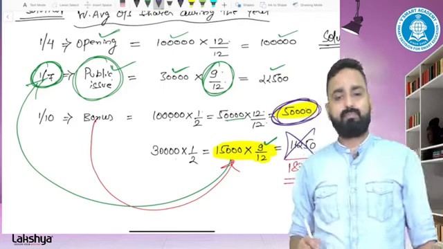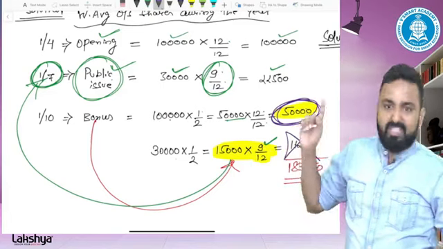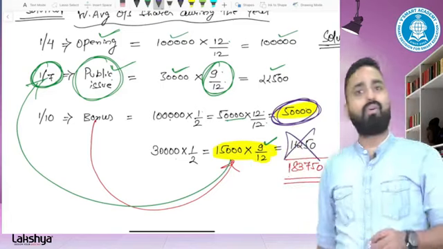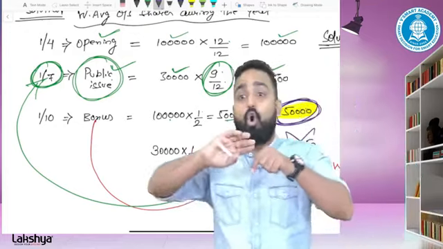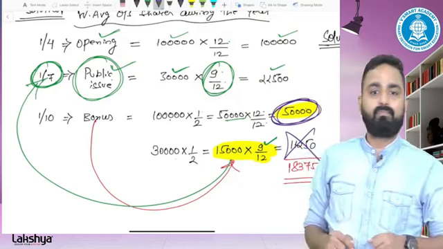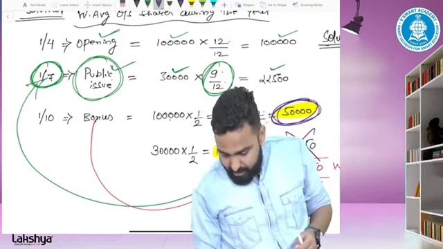I will ignore 11,250 because it is on the original public issue which was done in the current year only. Understood, right? Tell me guys, understood?